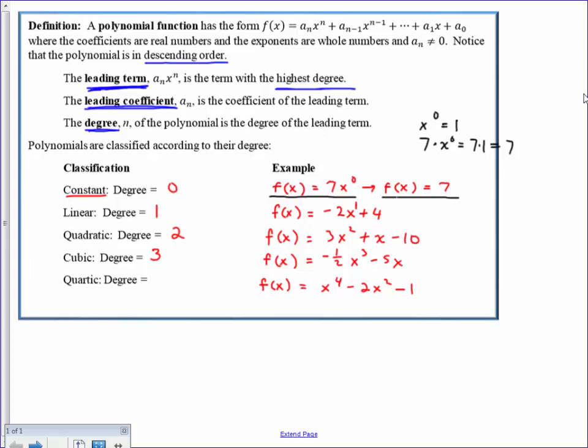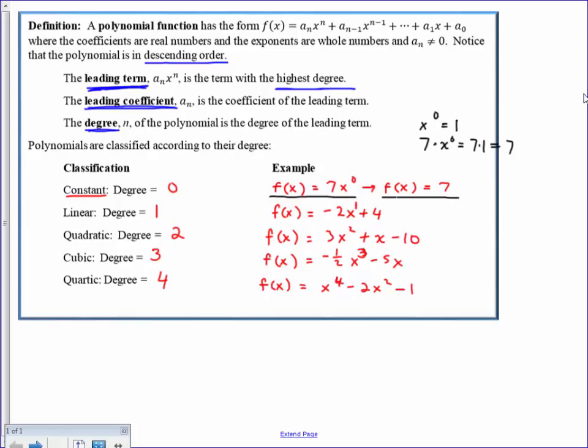Notice that the actual coefficients don't have anything to do with the classification. It's only the powers on x. So like here as coefficients I have negative 1/2 and I have negative 5. Those numbers don't make any difference. The only numbers that make a difference is the actual highest power that you have on x. And then finally we have quartic. Quartic has degree 4.